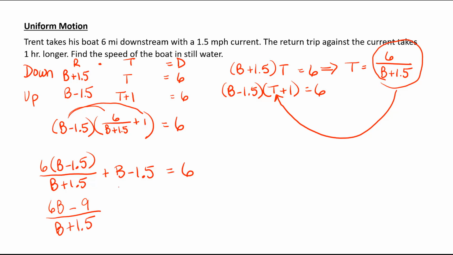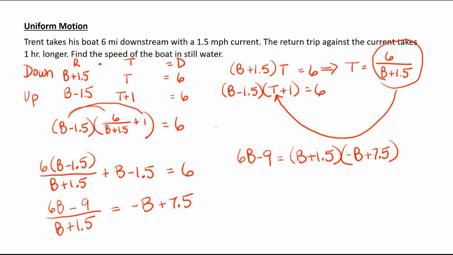Then I will move the b and the negative 1.5 to the other side of the equation, so we're going to have negative b plus 7.5. Then I'm going to multiply both sides of the equation by b plus 1.5, so the left side will be 6b minus 9, and the right side will be b plus 1.5 times negative b plus 7.5.